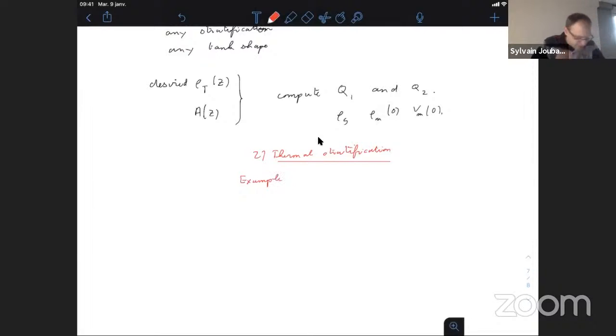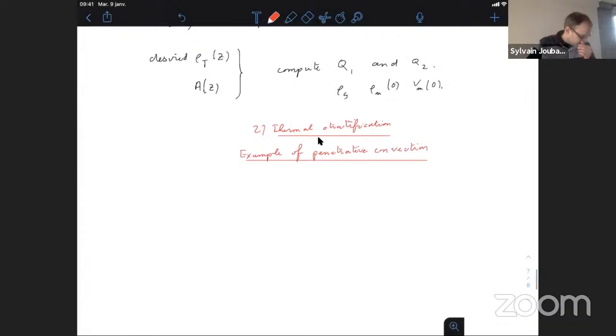It's an experiment we started to work on with some geophysicists in Lyon. It's called penetrative convection. This has many applications for what happens in the Earth and in some planets, which is the transition between a convective zone and a radiative region in the planet.